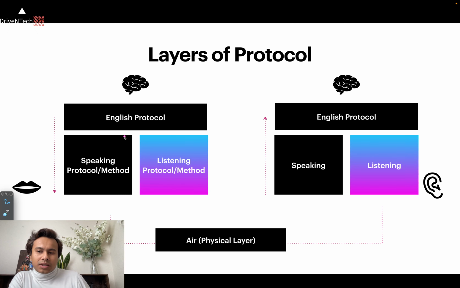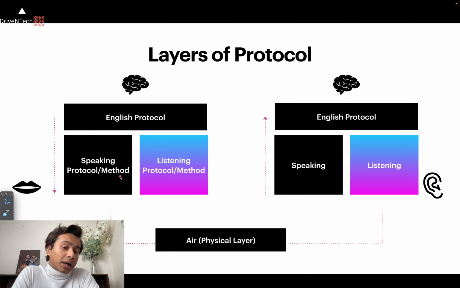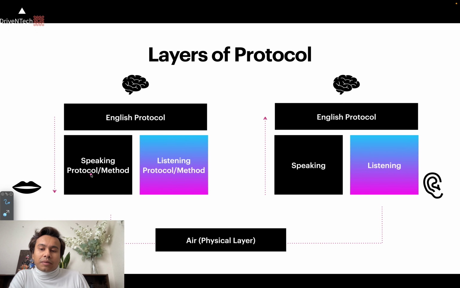So this person supports a speaking protocol or method. You can simply keep in mind that a protocol is nothing but a method or a way of doing something which is standardized or accepted by both parties. So for example, if I'm speaking, this person is listening, so there is a listening protocol enabled here.